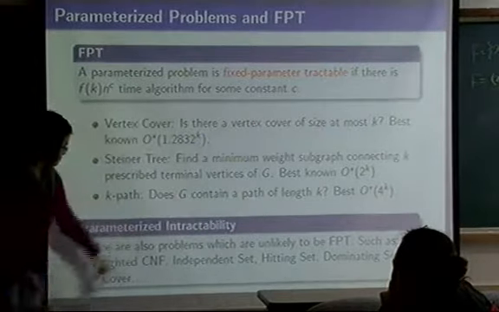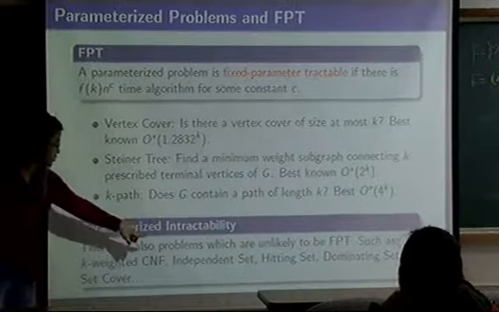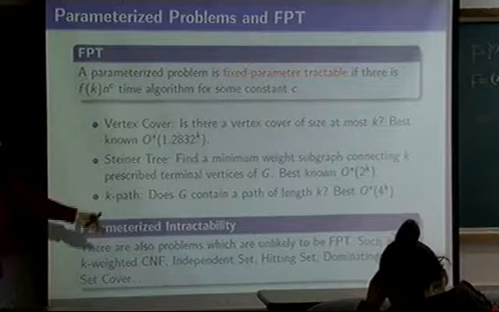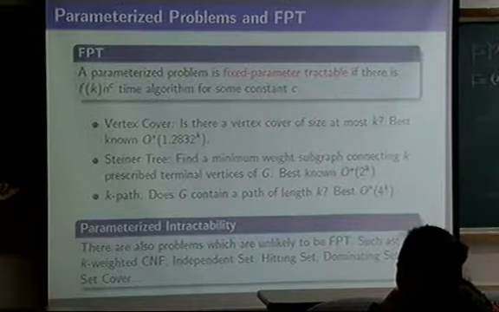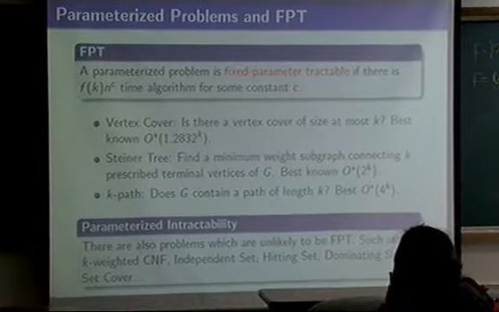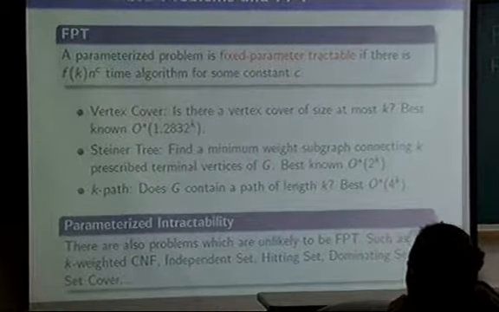Here we have some examples like the independent set problem, hitting set problem, or dominating set problem. They are unlikely to be fixed parameter tractable in a similar sense that the satisfiability problem is unlikely to be polynomial.